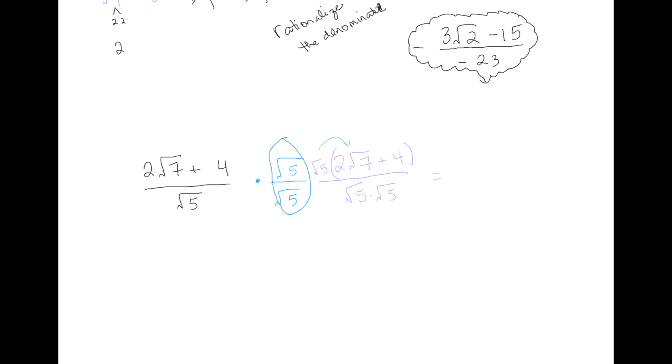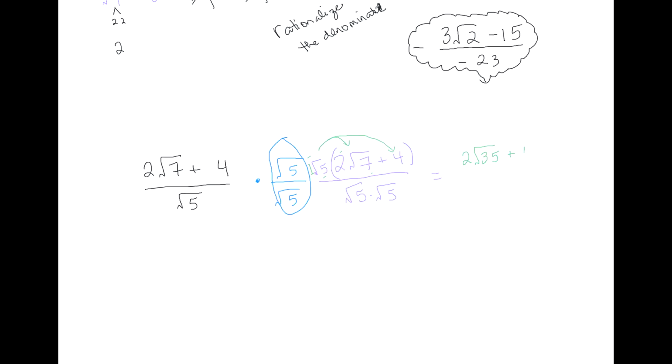There's an invisible 1 here. So 2 times 1, 2, square root of 7 times 5, 35. Plus this thing times 4, so square root of 5 times 4. 20.